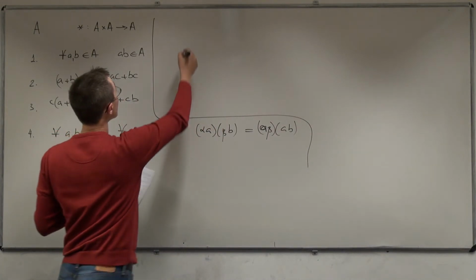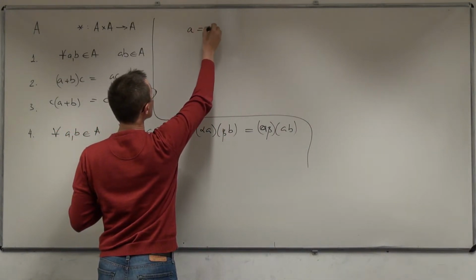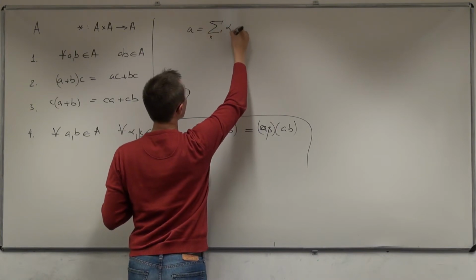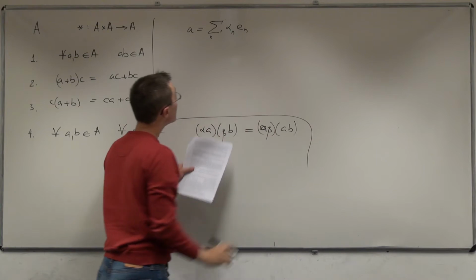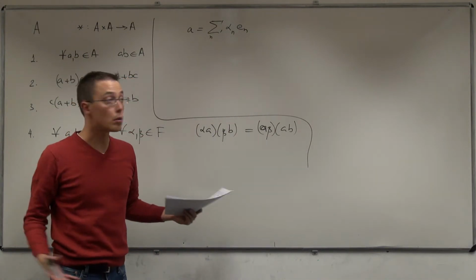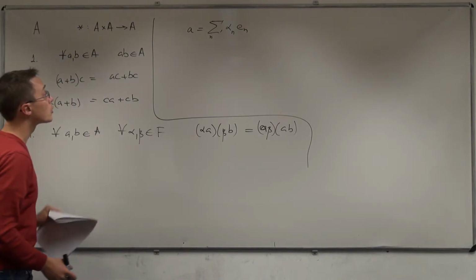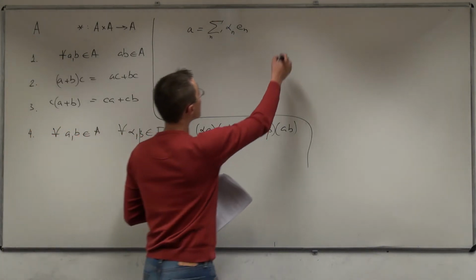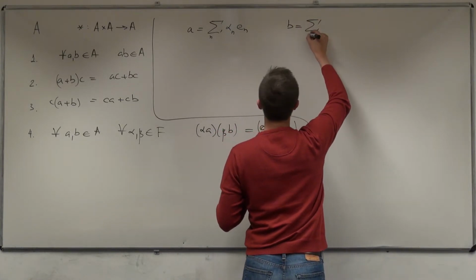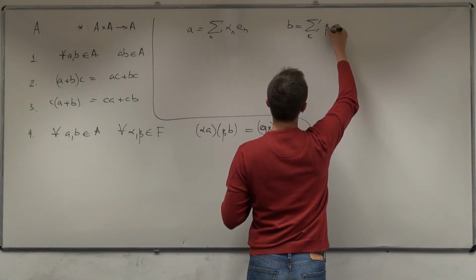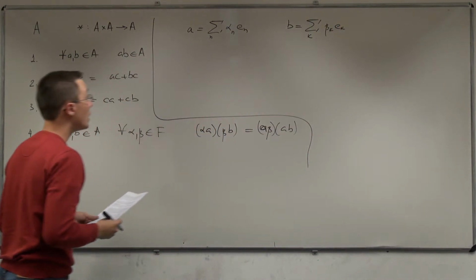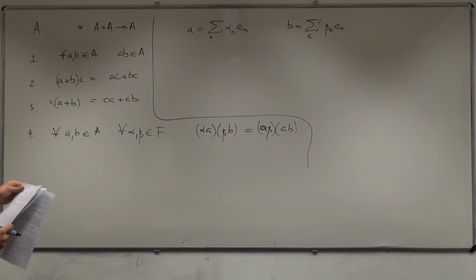So, say we have an element A, and we can expand it with some coefficients, alpha n, in the basis set En, which spans the whole of the space that the algebra is built on. And say for an element B, we can have a similar expansion, the sum over k, beta k, Ek, with the same elements of the basis set.